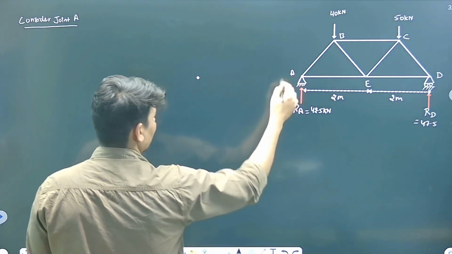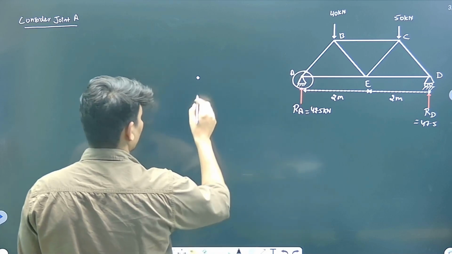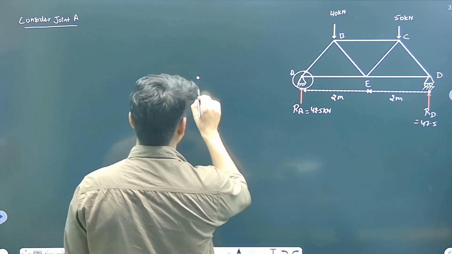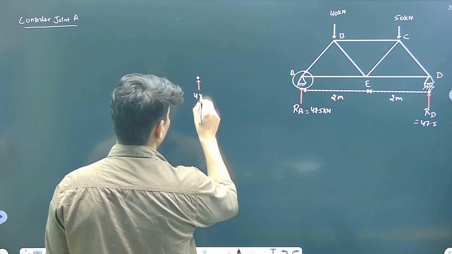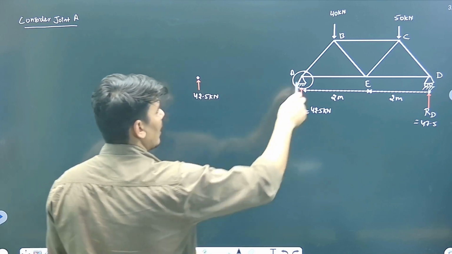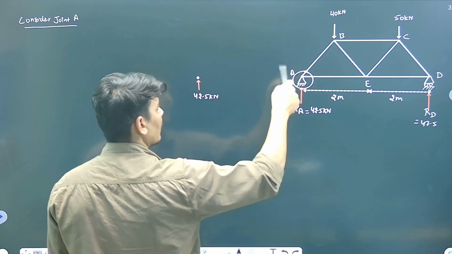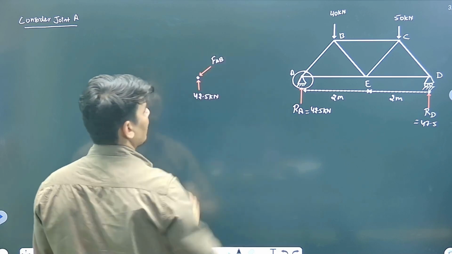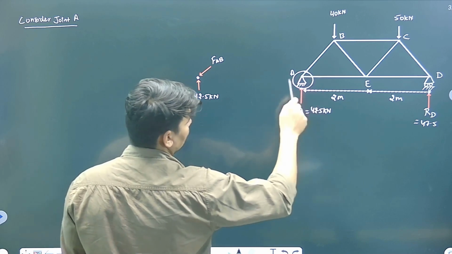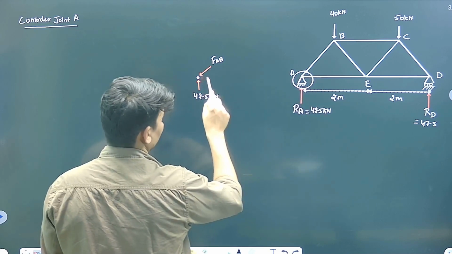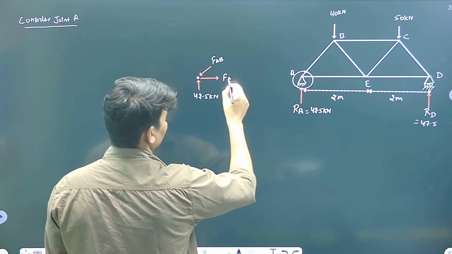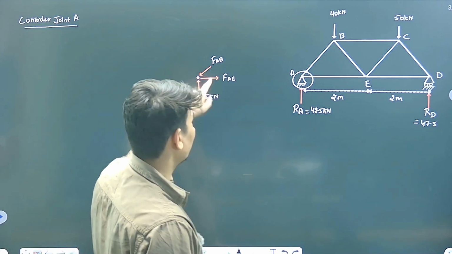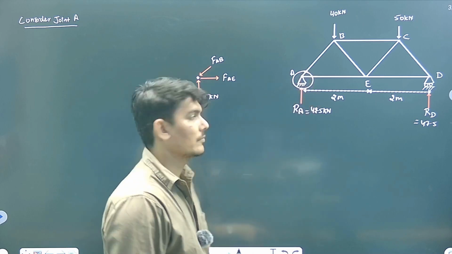This is the upward force RA, that is 42.5 kilonewton. Apart from this, say this is the force F of AB, the force in the AB member, and another force is F of AE. This is the situation for joint A, right? Three force system, 1, 2, 3.